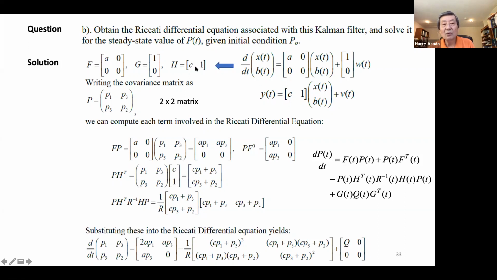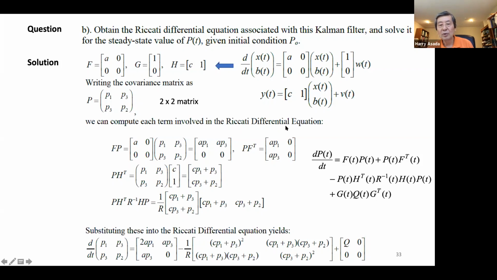From here, this part is matrix F, this is G, and this one is H. Now this is a two-dimensional space, so the P matrix is 2 by 2. It is no longer a scalar quantity; it is a 2 by 2 matrix.